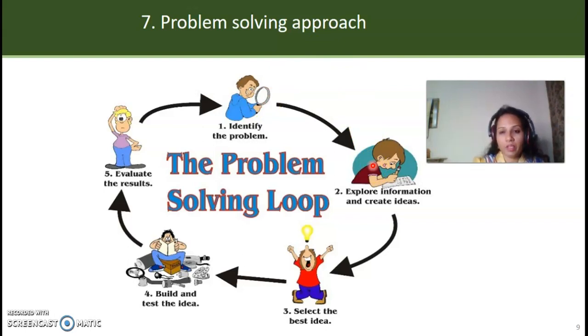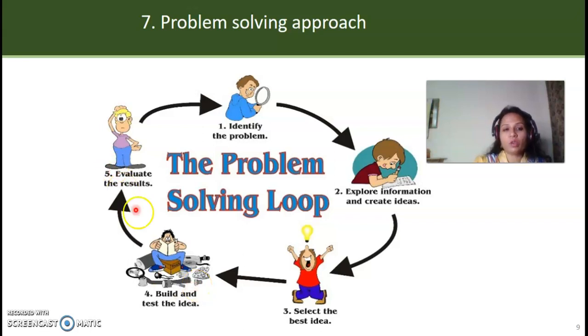So he might be trying to figure out the different possible solutions to this problem. In the third step, the best idea is selected out of those. And in the fourth step, build and test the idea. You can see in this picture that this man is working with some tools, so he is practically implementing the plan.